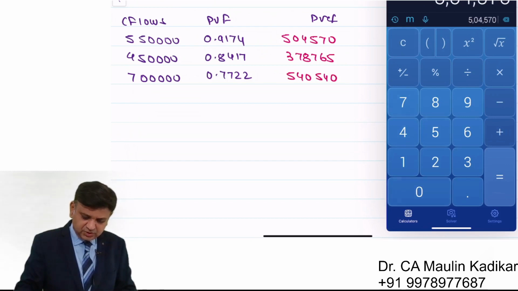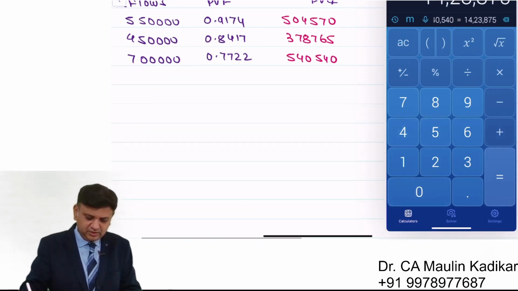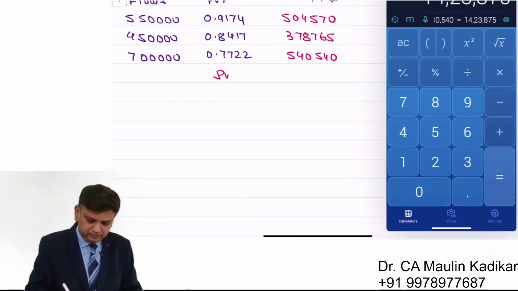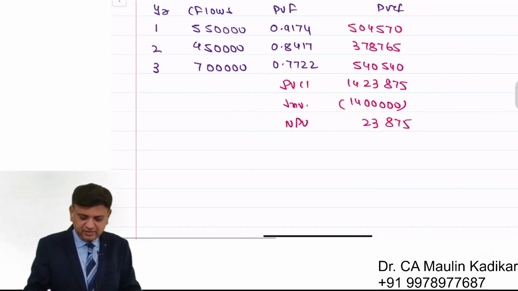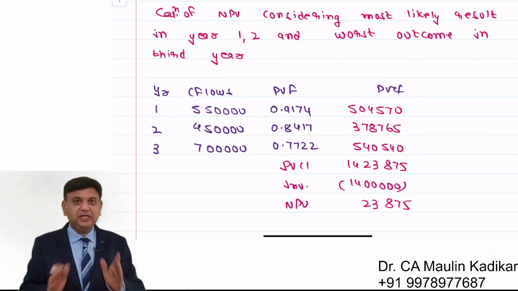So 5,04,570 plus 3,78,765 plus 5,40,540. The present value of the cash inflow is 14,23,875. The amount of investment is 14 lakhs. The difference of both is the NPV, 23,875. That is the way the NPV for this specific situation will be found.